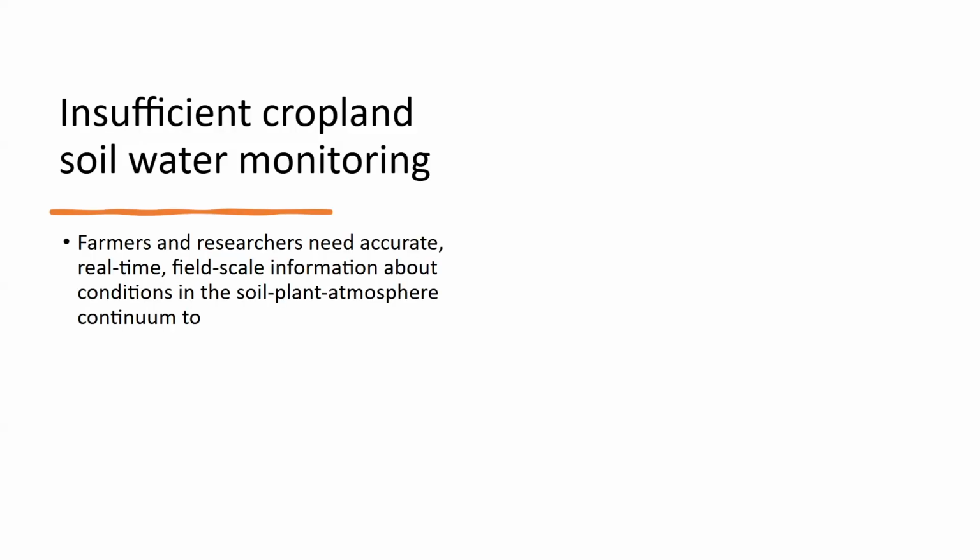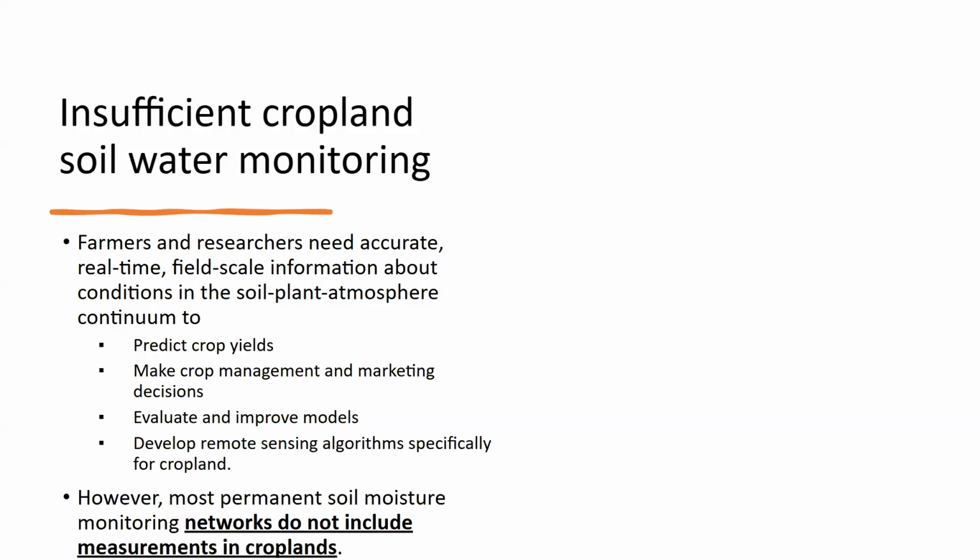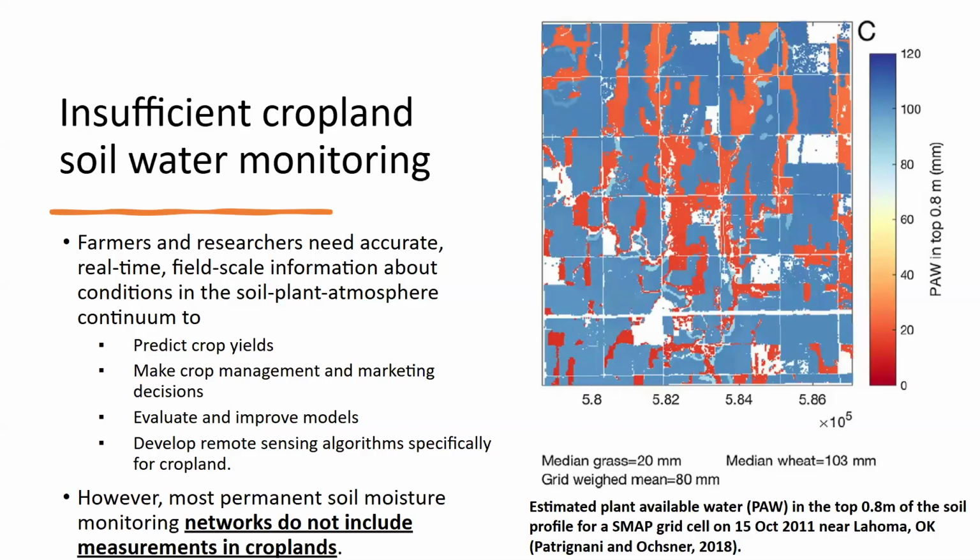So there's a lot of reasons why farmers or researchers might be interested in having this information for forecasting crop yields, improving their management decisions, helping to evaluate and improve our models and our remote sensing algorithms. But most of our networks are not able to make soil moisture observations in the crop, which is what we need.